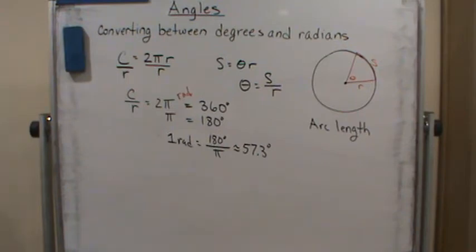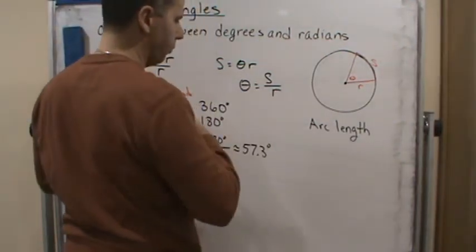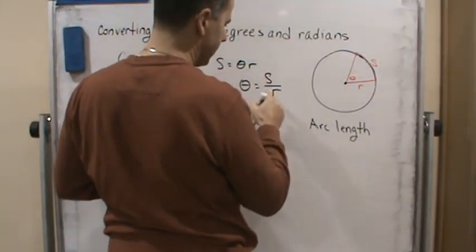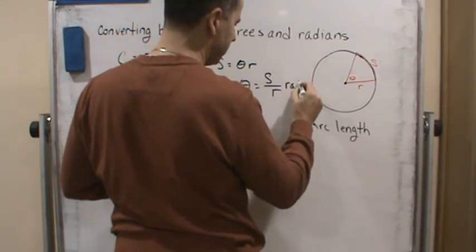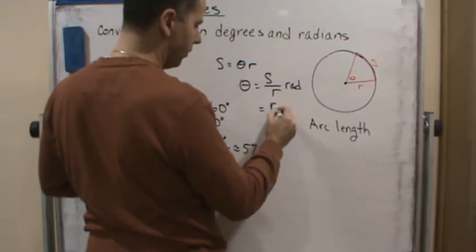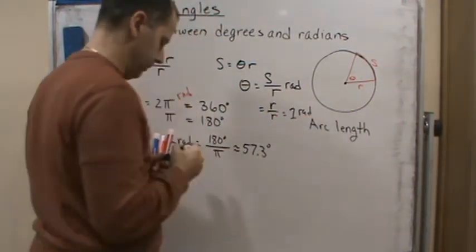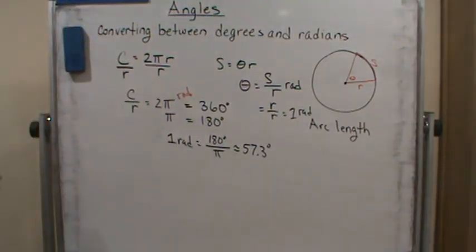So if S is equal to R, what does that give me? Again, this is radians. If S is equal to R, I get R over R, which is equal to 1 radian. Which goes back to what I was saying earlier about how we define 1 radian. Again, this is the radian measure.